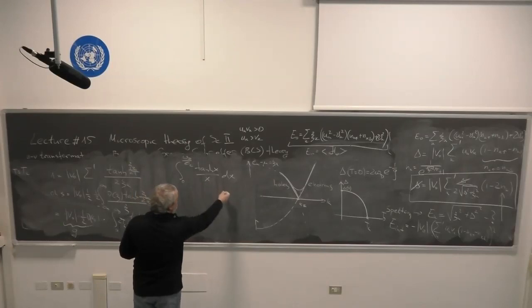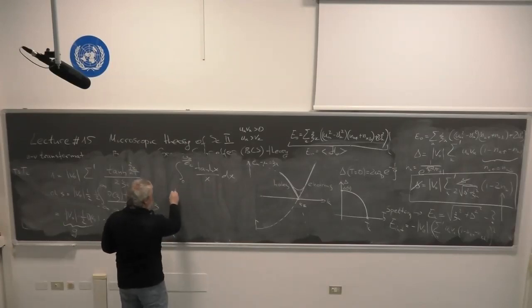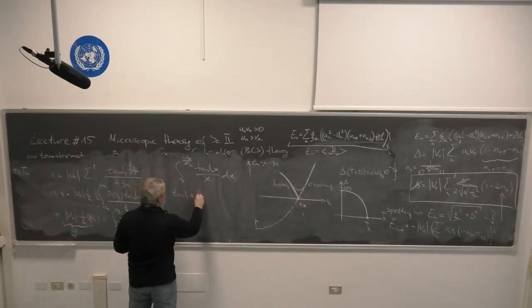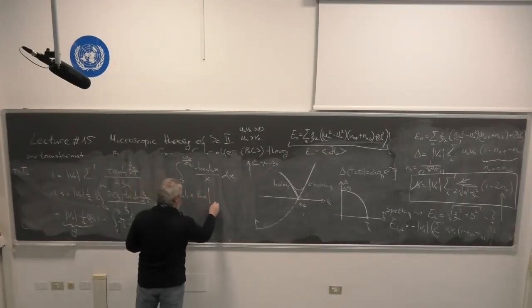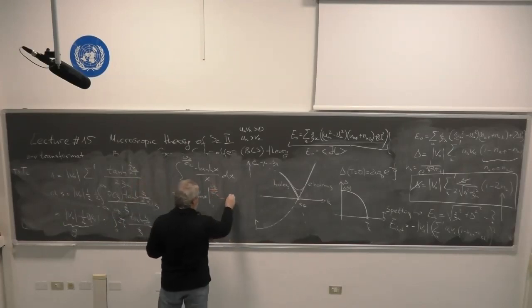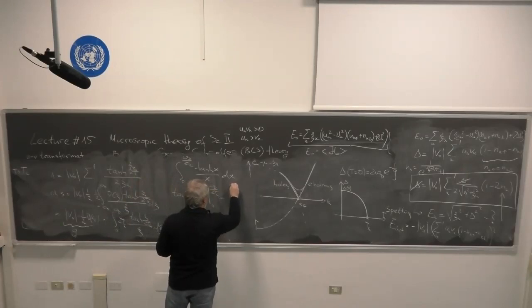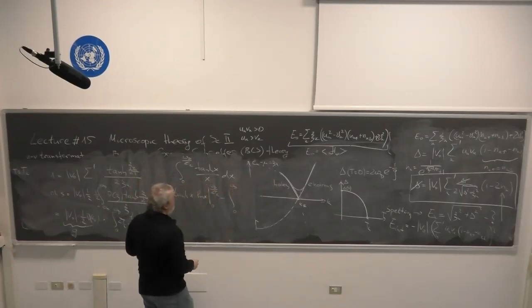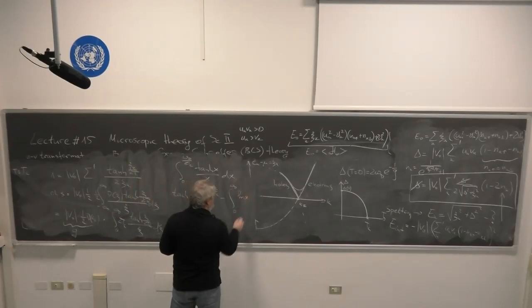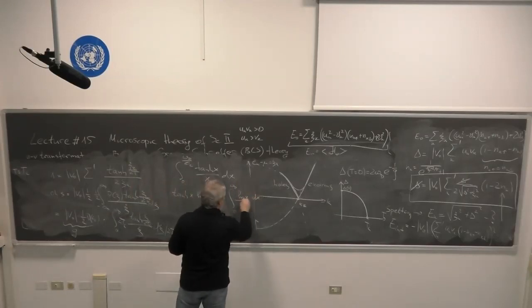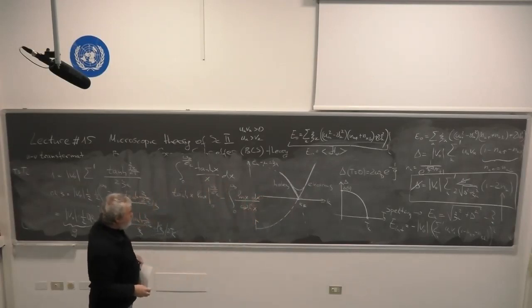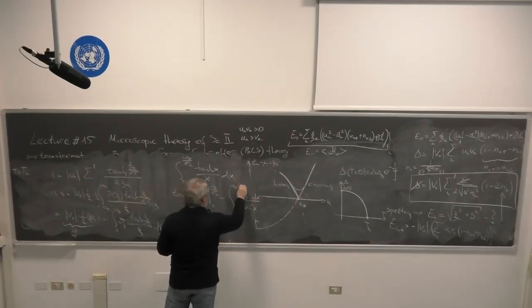If I now integrate it by parts, I have tanh x times log x in the limits 0 to omega d over 2 Tc, minus the integral from 0 to omega d over 2 Tc of log x dx divided by cosh squared x.